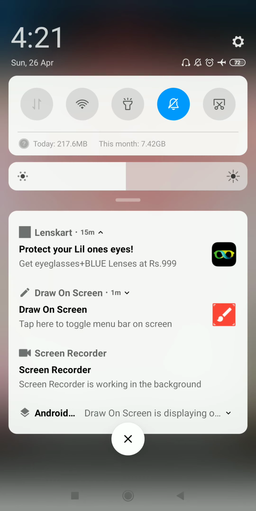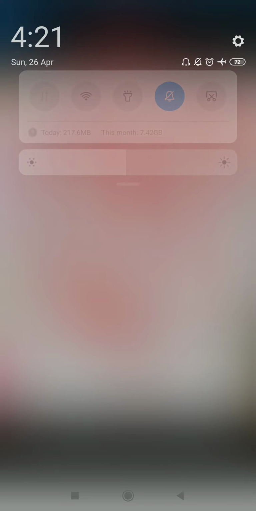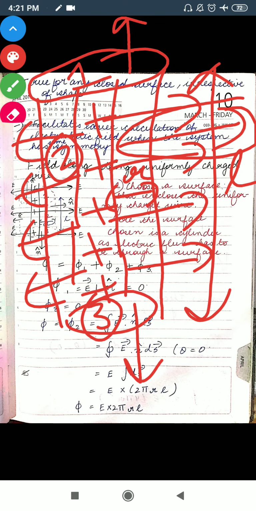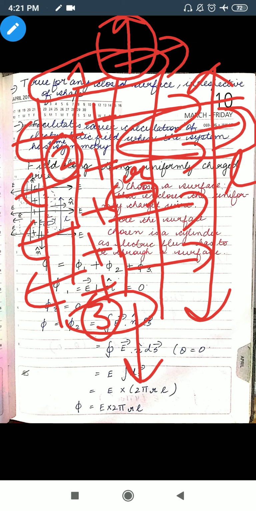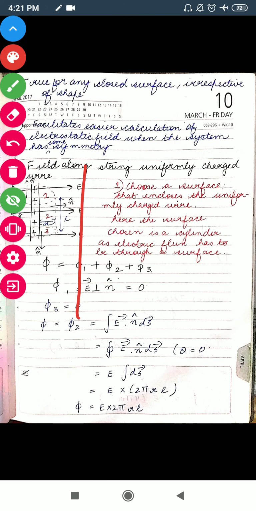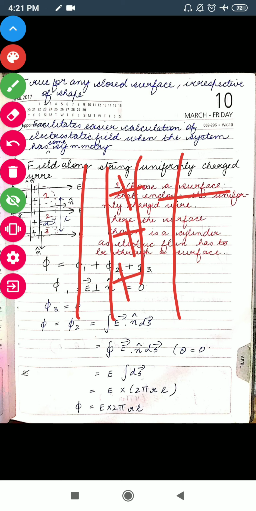You can easily see that the first area vector is perpendicular to the electric field. The third area vector is also perpendicular to the electric field. But the area vector drawn on the second surface was like this, and the electric field was also like this, so they are in the same direction.